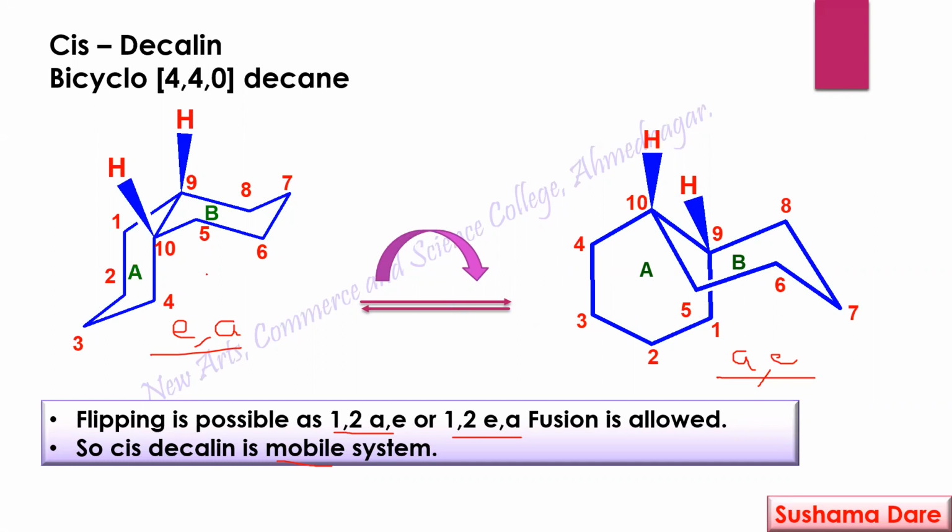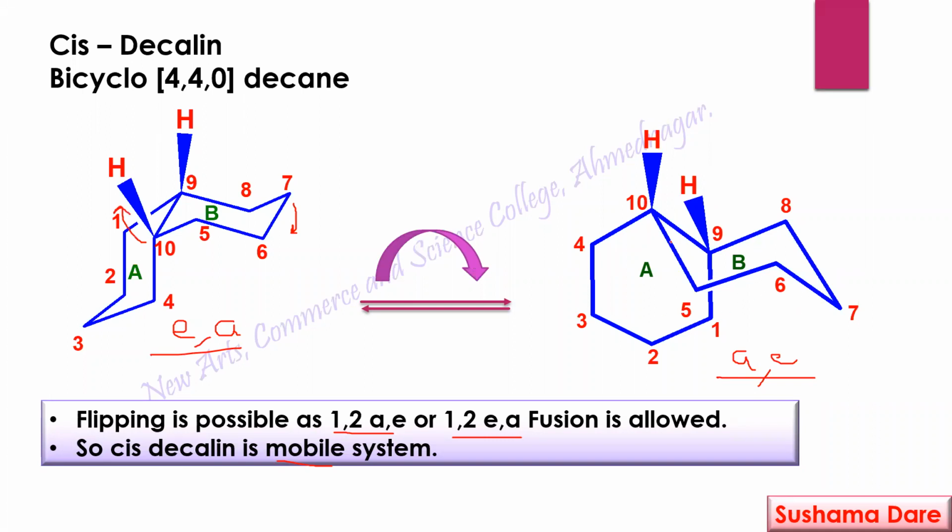Now the question arises how to draw the flip structure. The way we discussed in the previous structure, you do the flipping of ring B. Take the number 7 carbon in the downward direction, while the number 10 carbon goes in the top direction.